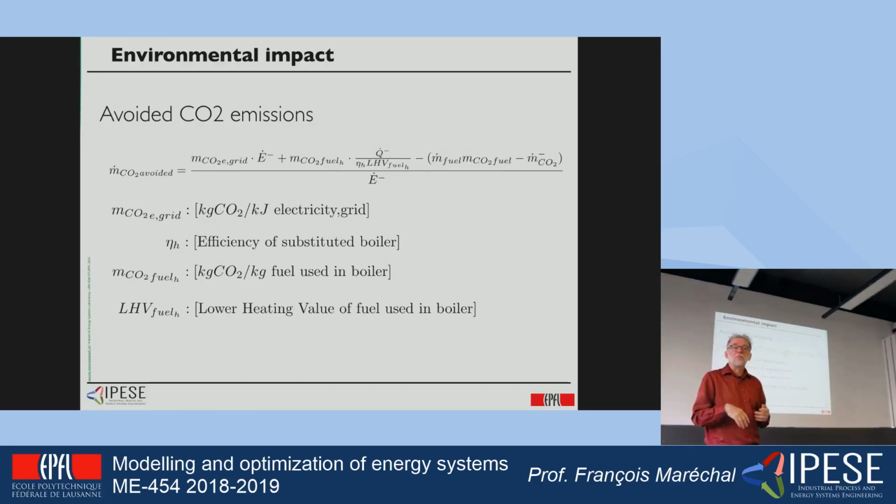So I can say that I'm avoiding the amount of carbon dioxide emissions that would have been emitted by a boiler. Okay, and then you can show the benefit by comparing, in fact, two situations. The situations where I'm producing the electricity or I'm buying the electricity that I have co-generated, that avoids the emissions at the level of the electrical grid.